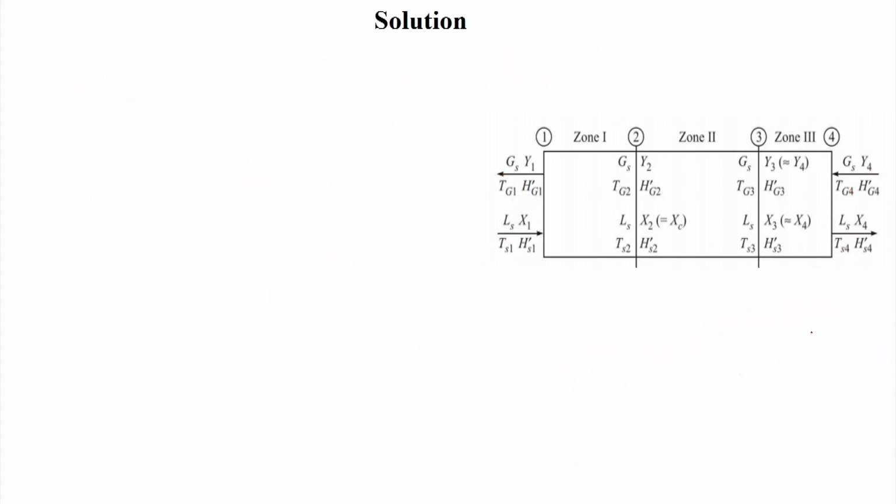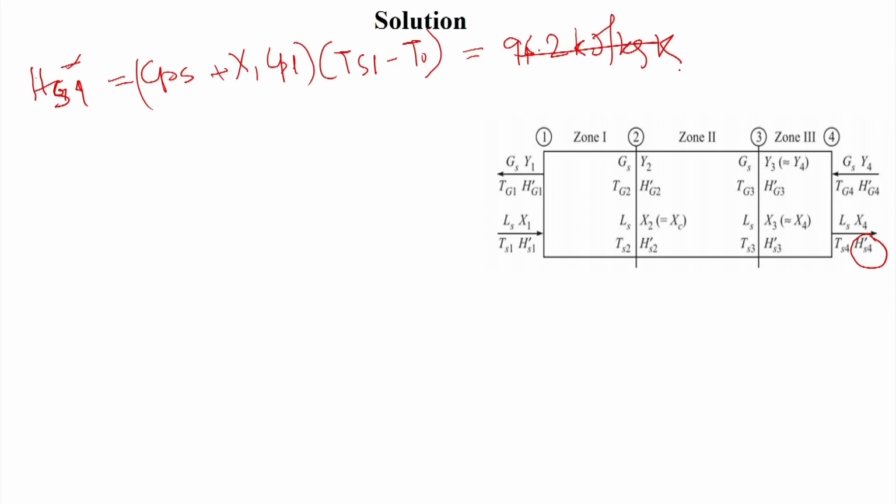For the solid, Hs4 prime, that is whatever is coming out, the drying solid, the enthalpy value will be like this: Cps plus x1 into Cpl, into Ts1 minus T0.